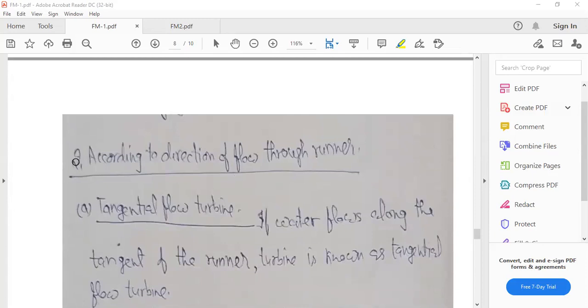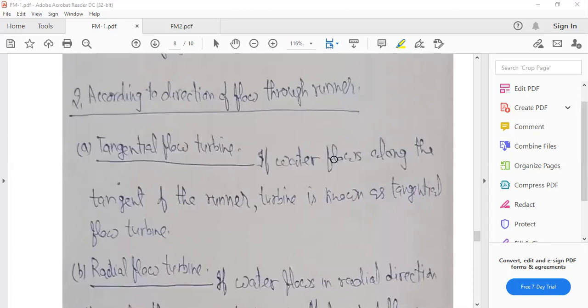Now, second classification, according to the direction of flow through the runner. How water is flowing, whether it is flowing tangentially, or radially, or parallel to the runner. On that basis, we can classify these turbines also.